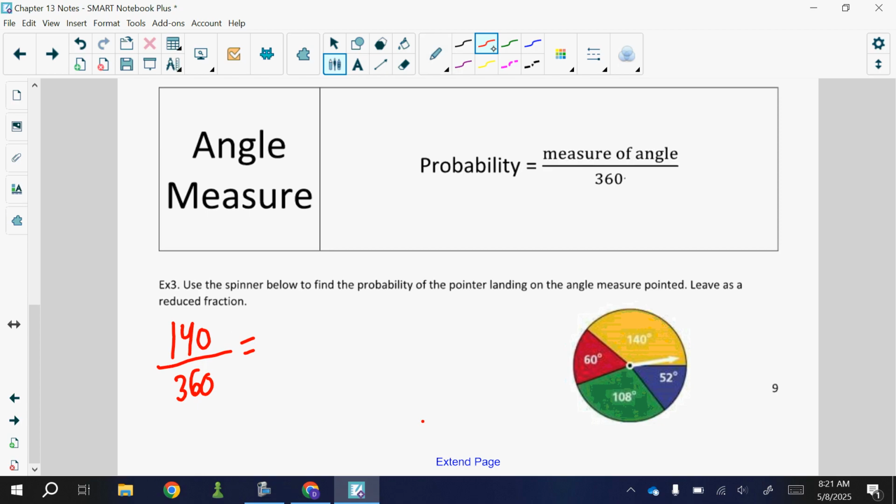Reduce this fraction, so these zeros go away. We have 14 over 36. Take a 2 out, and we got 7 over 18. We can leave it as a reduced fraction, so that's it. The probability of the pointer landing in yellow is 7 over 18.